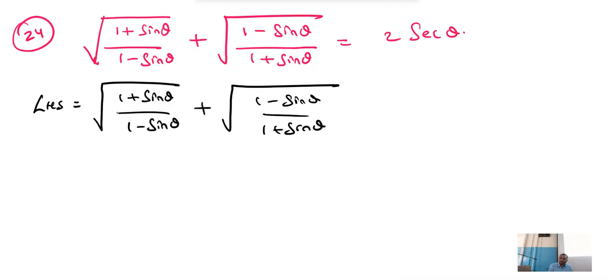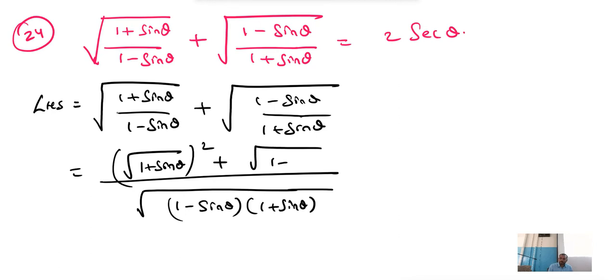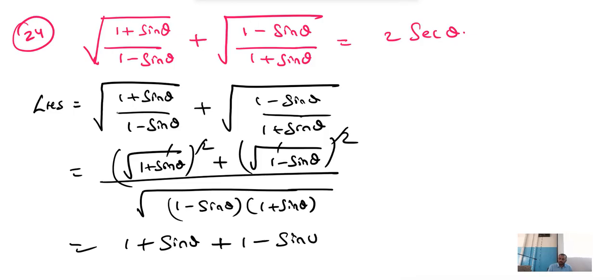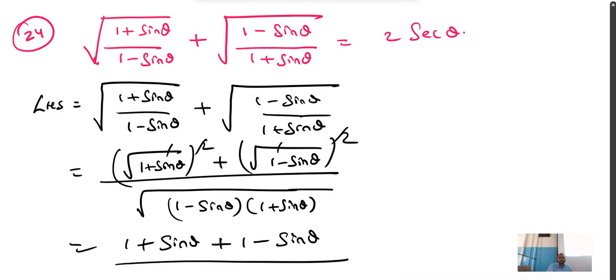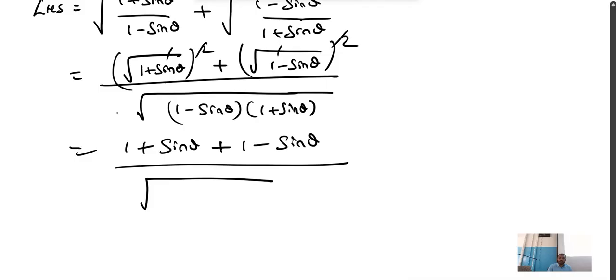Taking the LCM, the numerator is the sum of the squares of the roots, divided by root of (a plus b) into (a minus b), which is a square minus b square.